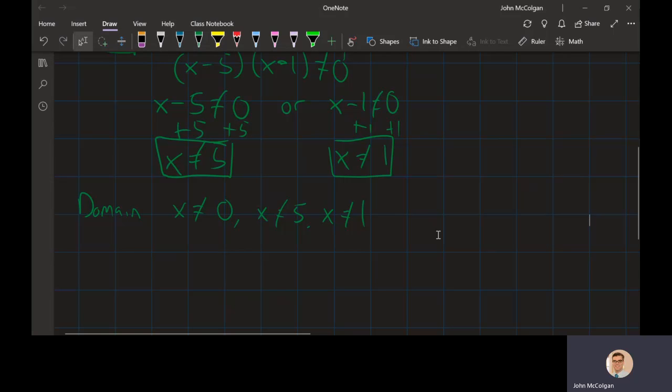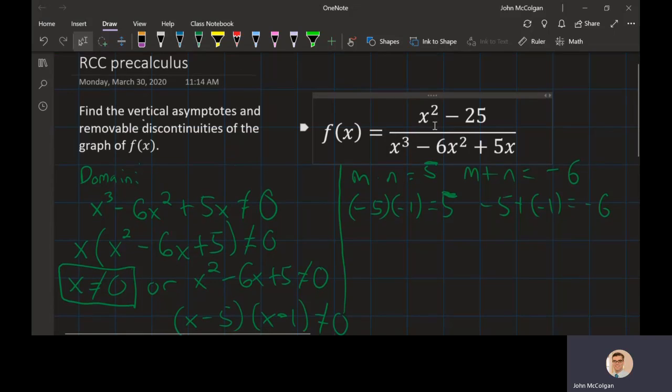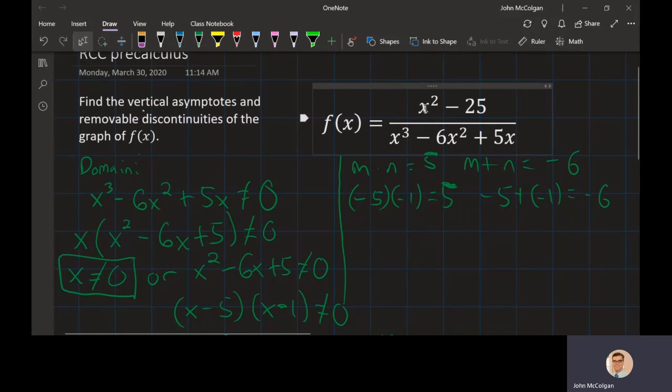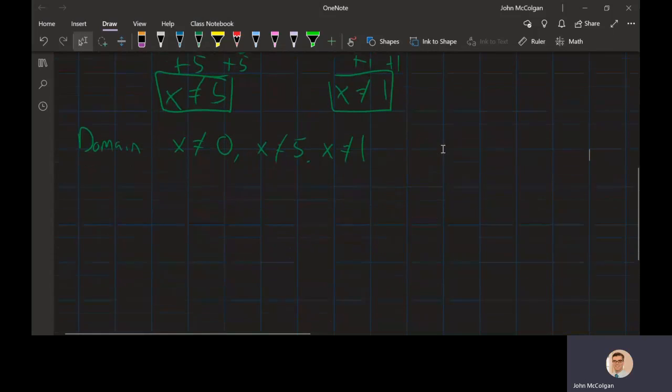asymptotes. Now, algebraically, there is a way to do this, and the way to do this is to also factor the numerator. And the numerator factoring is pretty easy. It factors as follows.